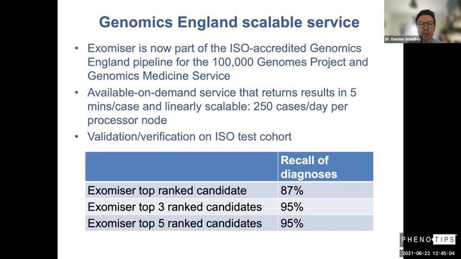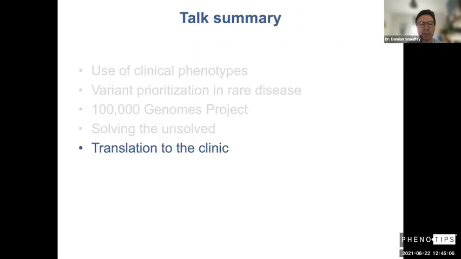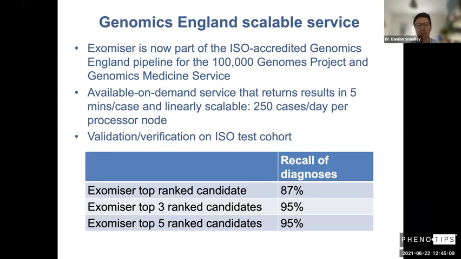And then we're almost finished now. So this is a lot of academic research, but obviously our team likes to produce tools that will be useful for rare disease patients. Part of that is making these tools available to be run by Genomics England and other large pipelines. So one of the things we've done is build a cloud-type architecture service for Genomics England as part of their ISO accredited pipeline.